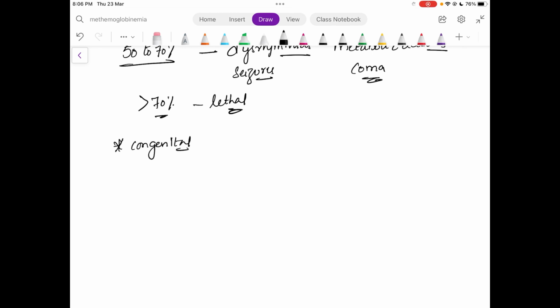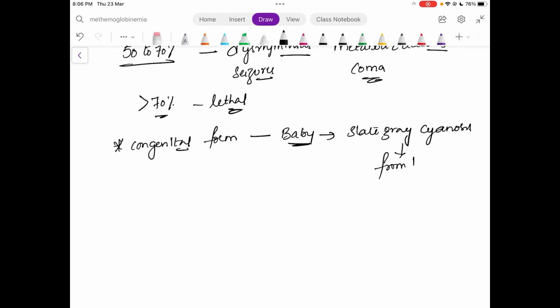In the congenital form, the baby will have slate gray cyanosis from birth.